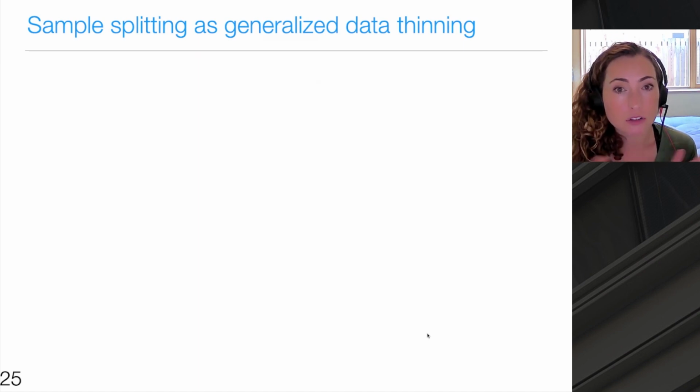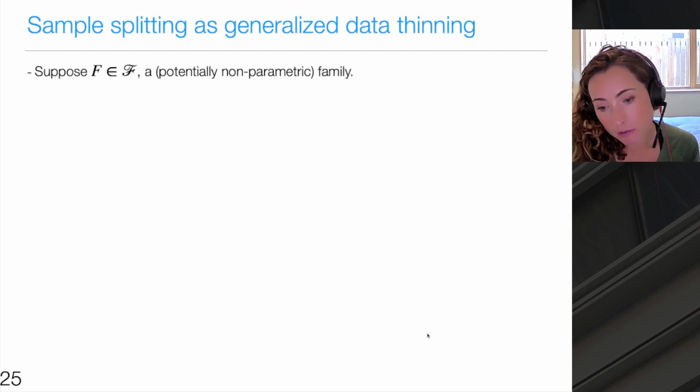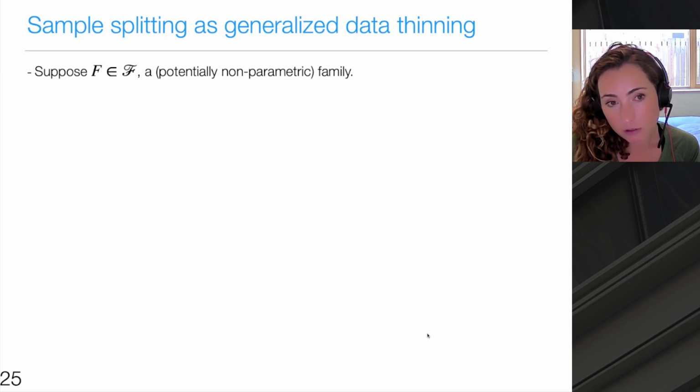Well, it turns out our alternative strategy is very general, and it's so general that sample splitting is a special case of this. So I'm going to illustrate that now. In my previous examples, I had a distributional family P that was indexed by a parameter theta, but now instead I'm working in a potentially non-parametric family F.